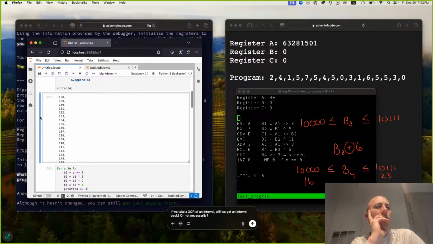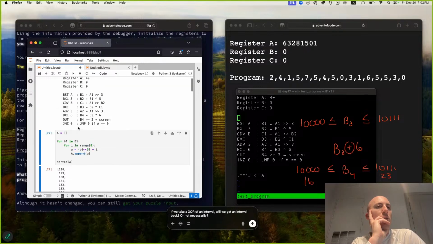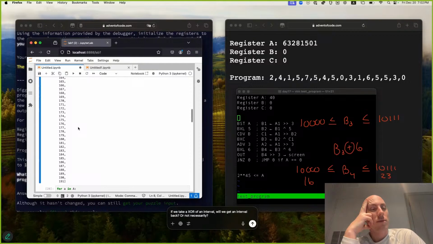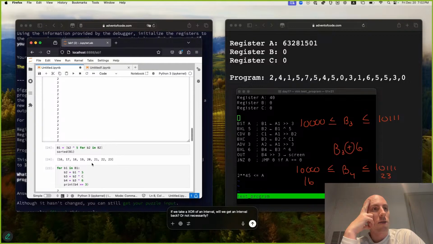But anyway, we found the values of A, which, when we bit shift them by 3, are going to give us values in this range here. And so 16 has 7 values and 17 has 7 values.